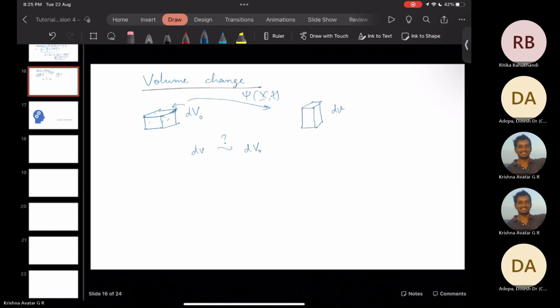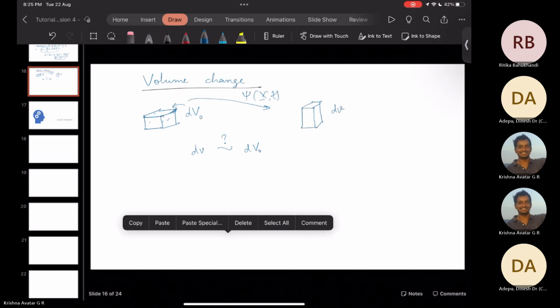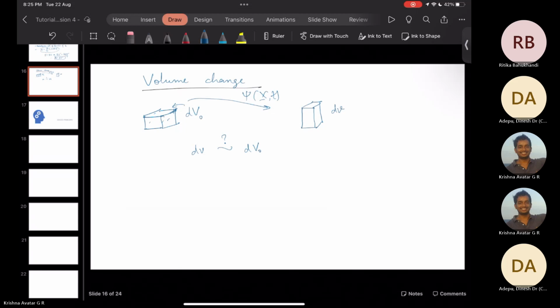So the actual expression comes to be dv is equal to J dV naught, and J here is the determinant of F. So J can also be called the Jacobian.